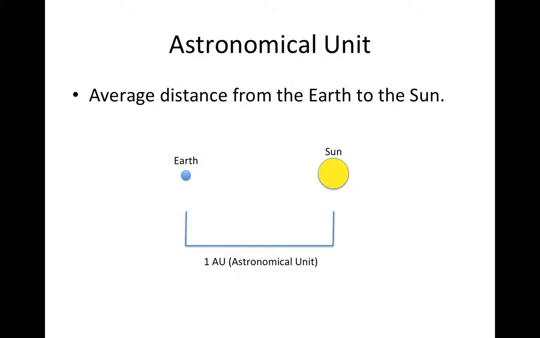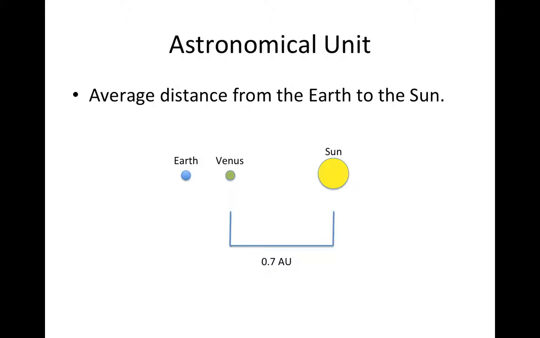People knew that there was a distance between the Earth and the Sun, but they didn't know exactly how long that distance was. And there's a fascinating story about how they were able to find out how many kilometers there really are in 1 astronomical unit.